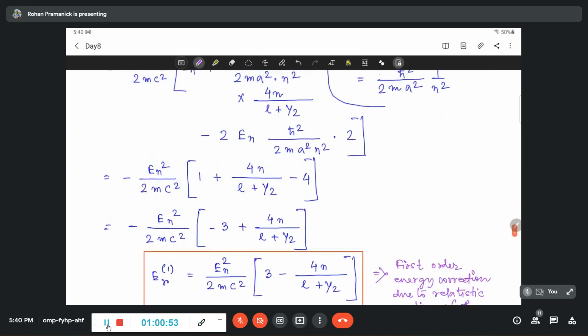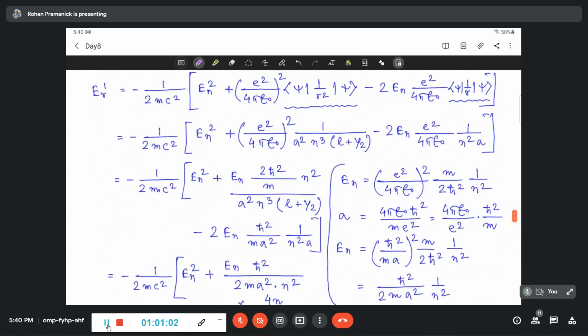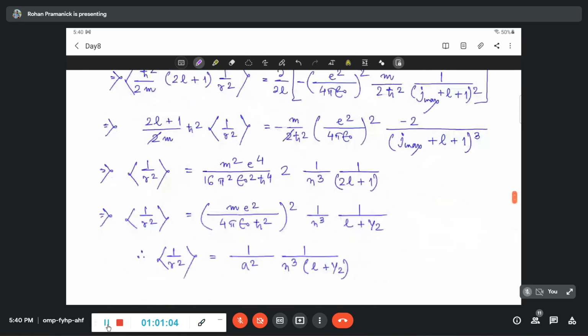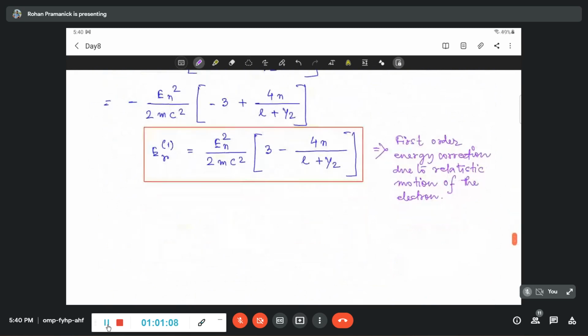Okay, so this is the fine structure, the half part of the fine structure, that is the relativistic correction due to this hydrogen atom, due to this electron moving around the proton with a relativistic correction.